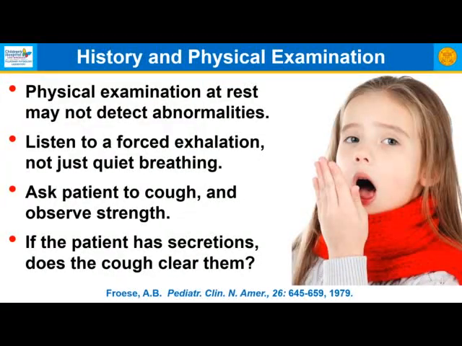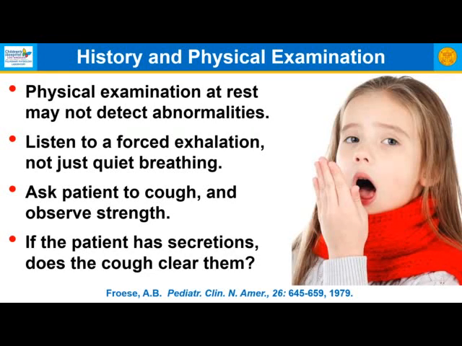The physical examination at rest may not detect abnormalities. So listen to a forced exhalation, not just quiet breathing. Ask the patient to cough and observe the strength. This is especially important in patients with neuromuscular disease or suspected ventilatory muscle weakness. Always ask them to cough.